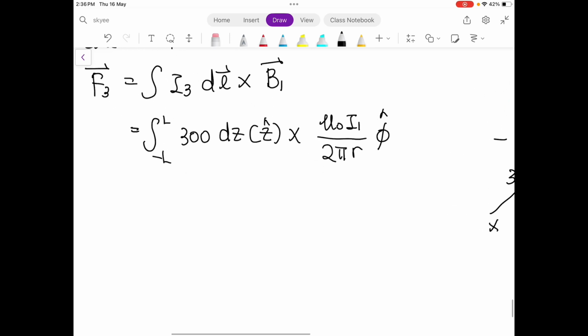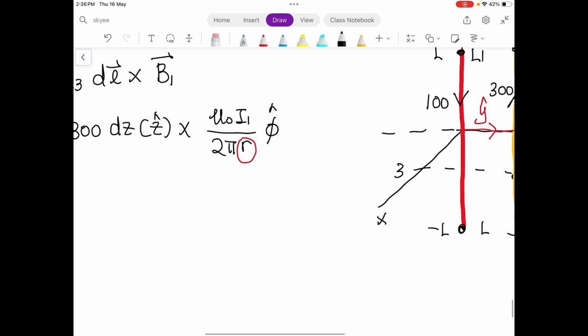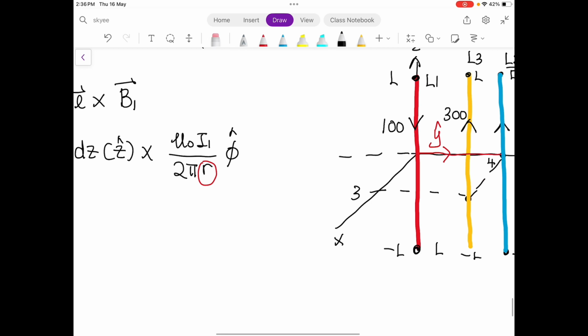Now calculate this R. You want to find the magnetic field that is produced by the I1 at the positions of L3.